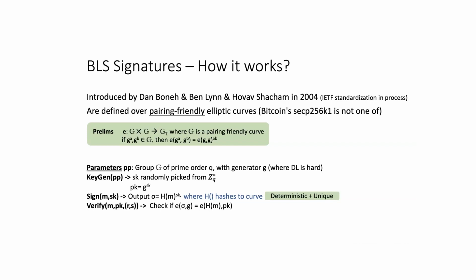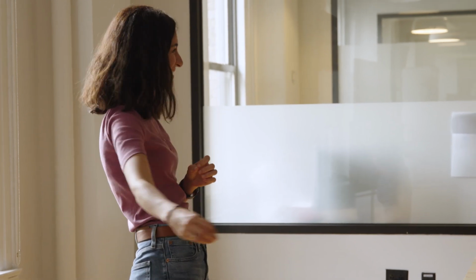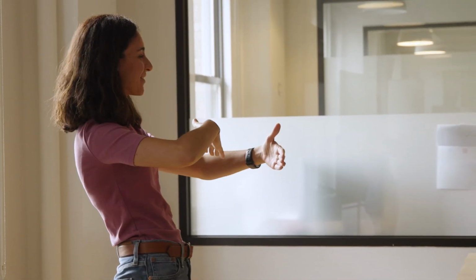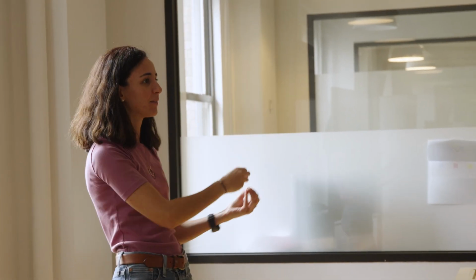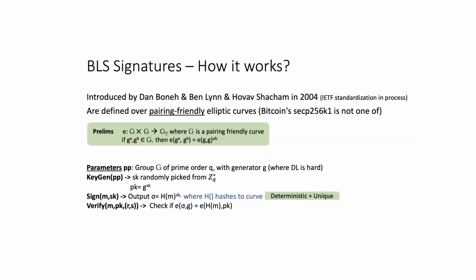It's not possible to compute another signature sigma for a different combination of message and secret key. While deterministic says that for this particular secret key and message, there is a unique signature. But again, unique the other way is that there is no other combination of message and secret key that would give you the same sigma. Those two properties, I feel, are often confused.